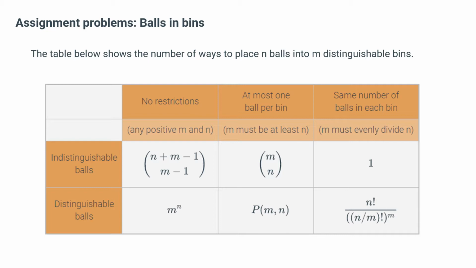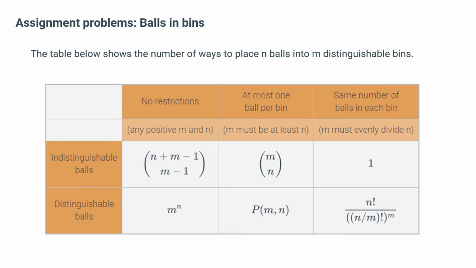Because there are so many categories, I figure that you have enough to try to remember from the previous lessons. So I just wanted to let you know that on any problem I give you on the test where you can use one of these formulas, I will say this is a balls in bins problem.